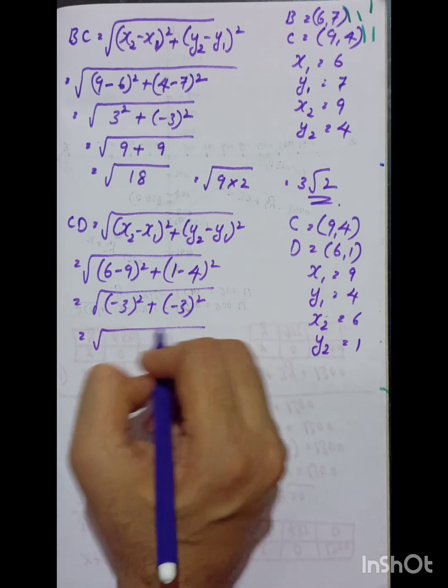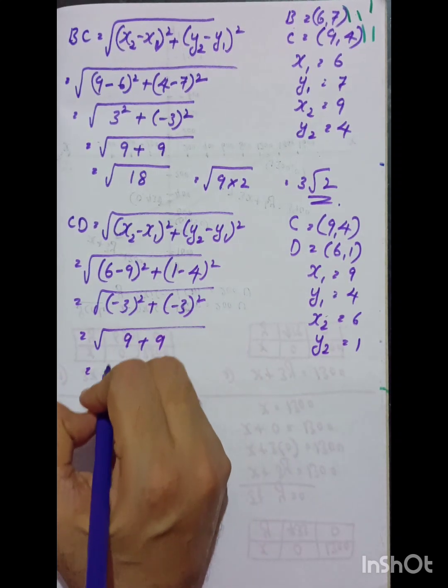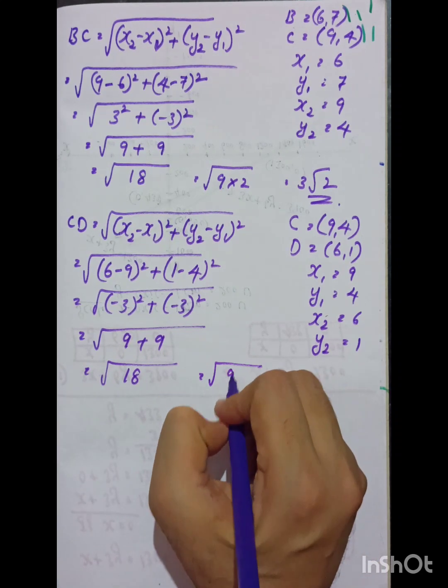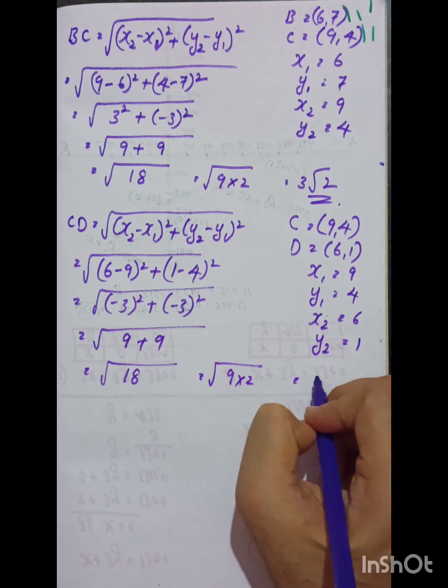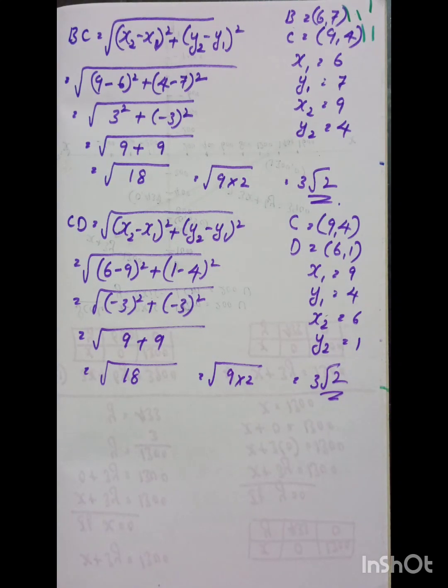Minus 3 whole square is 9, it is also 9. 9 plus 9, 18. Again 9 into 2, again 3 root 2. We got the answer for CD also.